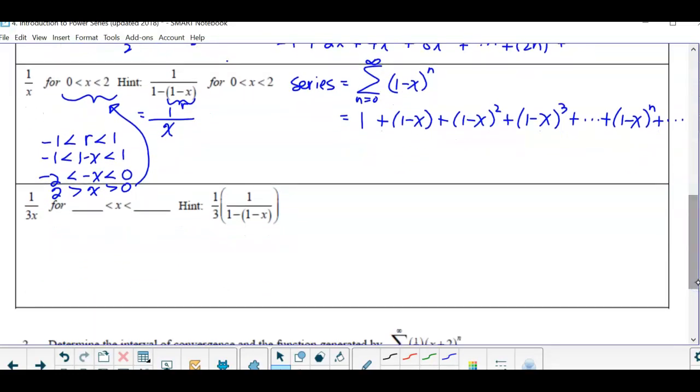Then 1 over 3x is really, so the hint again here, we just found this in the previous, and it's just 1/3, okay? In terms of filling this part in, this is going to be exactly the same as the last one, because multiplying this by 1/3 doesn't change the common ratio. So this is still going to be between 0 and 2, as we calculated there.